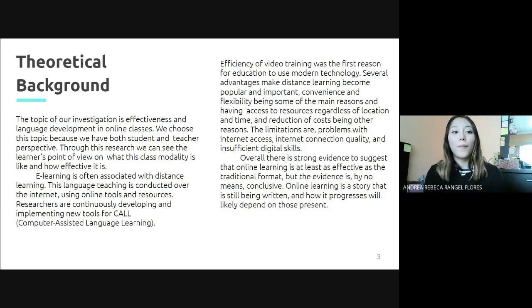So our theoretical background. We chose this topic of investigation because it includes both the student and teacher perspective, and we wanted to see the student's point of view on what this type of class modality is and how effective it is. Overall, there is strong evidence to suggest that online learning is at least as effective as the traditional format.